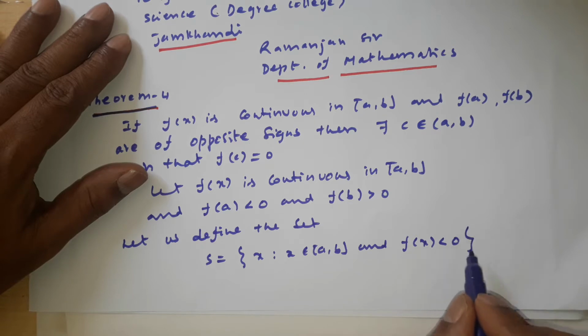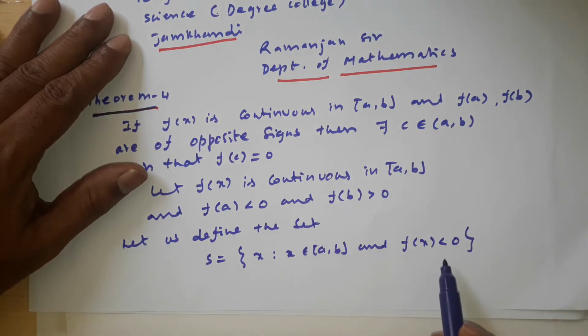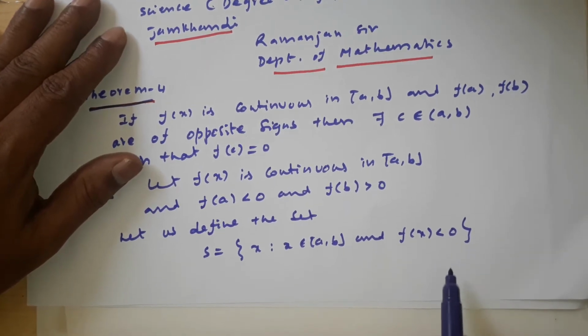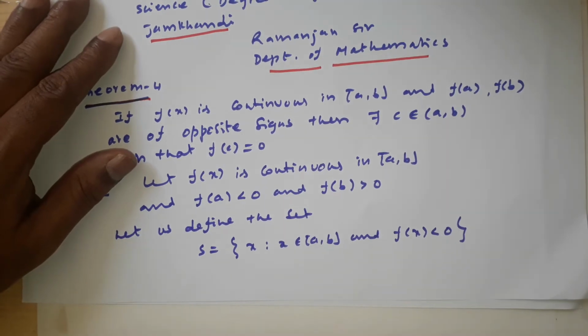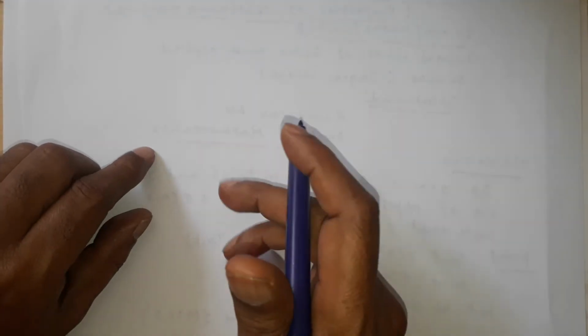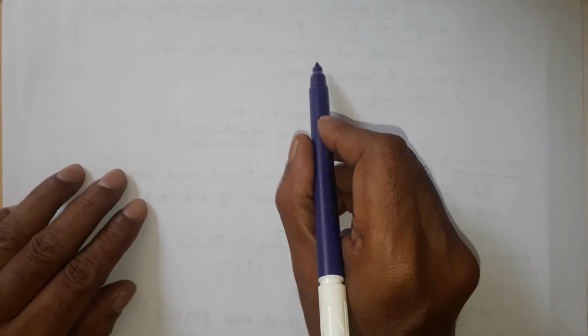Like that we define the set. For all x, f of x values are to be less than 0. How do we define the set? For all x values, f of x values must be less than 0.